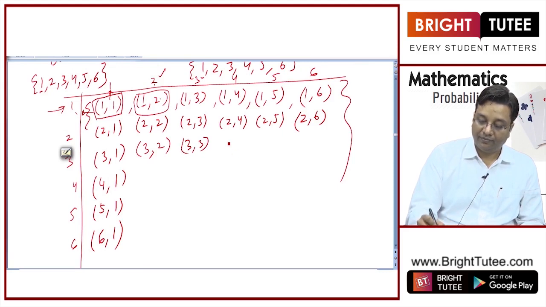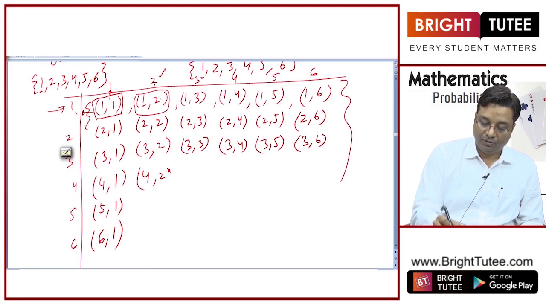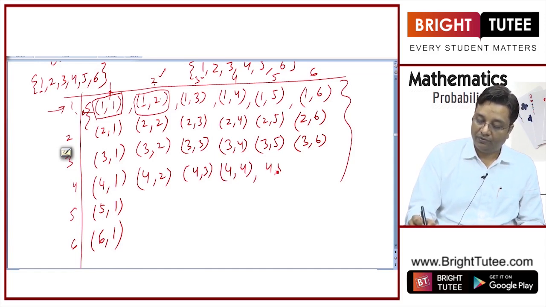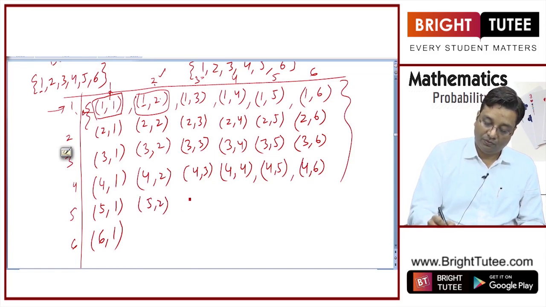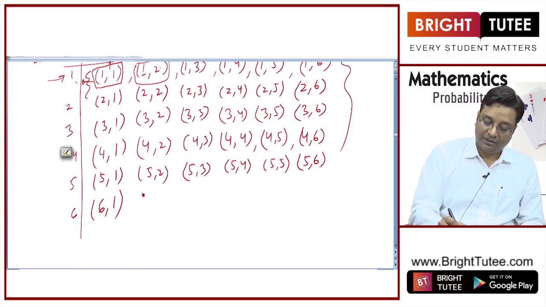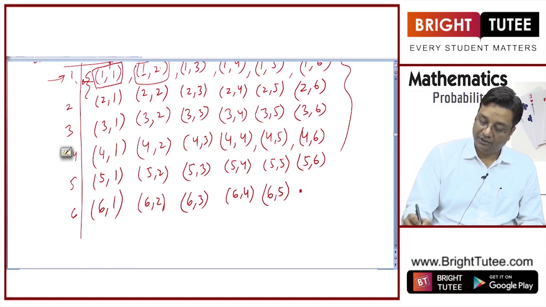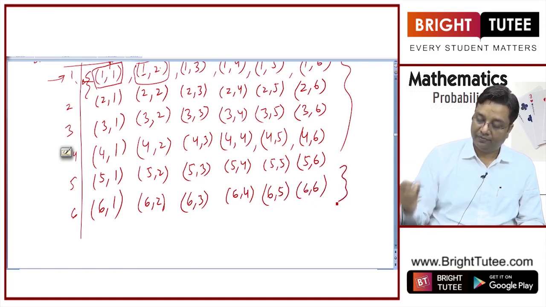3, 3; 3, 4; 3, 5; 3, 6; 4, 2; 4, 3; 4, 4; 4, 5; 4, 6; 5, 2; 5, 3; 5, 4; 5, 5; 5, 6; 6, 2; 6, 3; 6, 4; 6, 5; 6, 6, right.